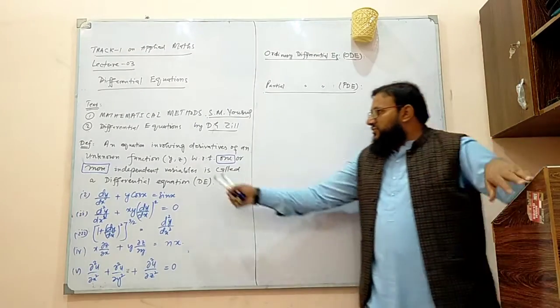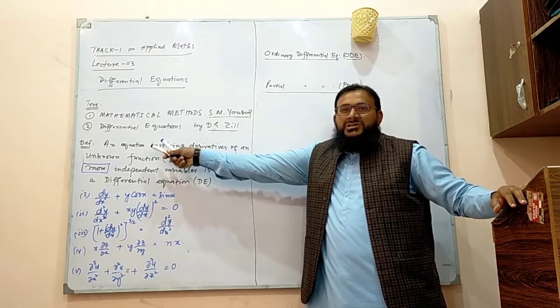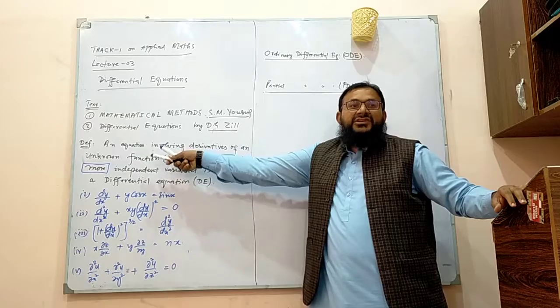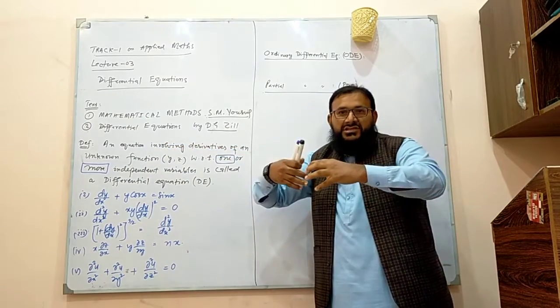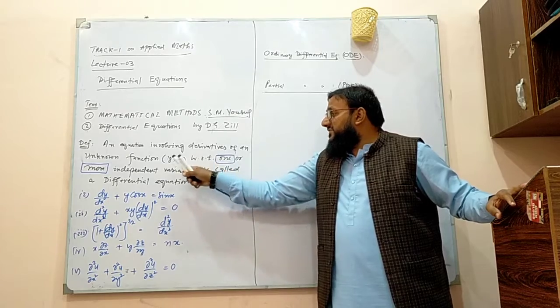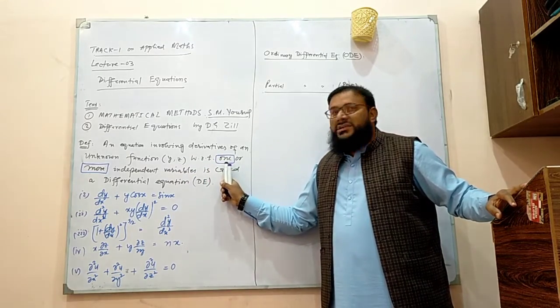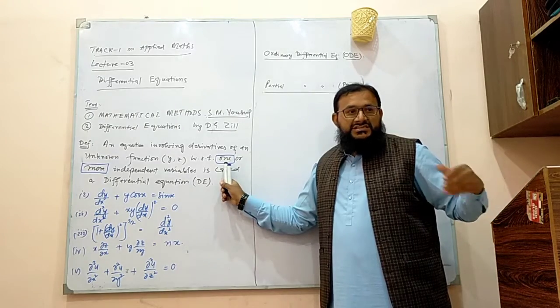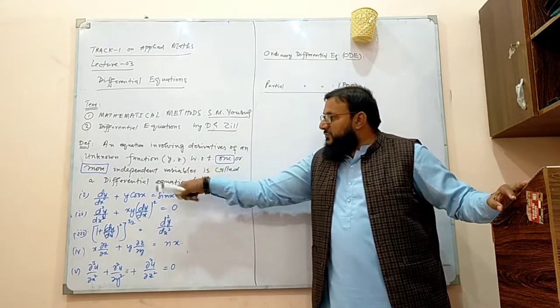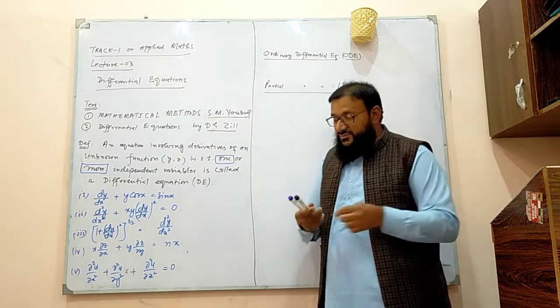An equation, now I can change equation to differential equation, because now I am talking about types of differential equations. An equation involving derivatives of an unknown function with respect to one independent variable is ordinary, and with respect to more independent variables, that is a partial differential equation.